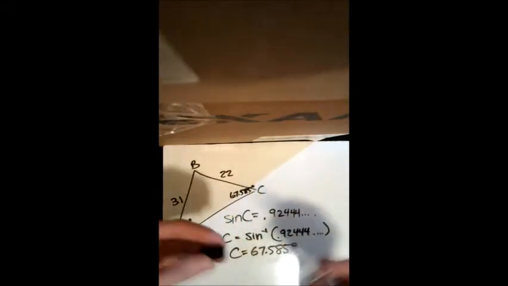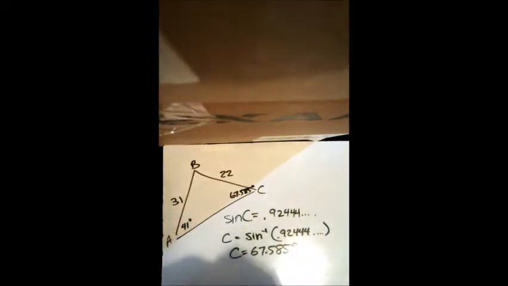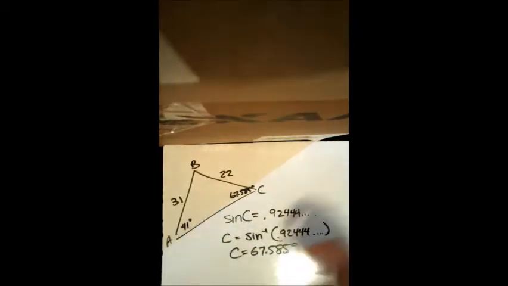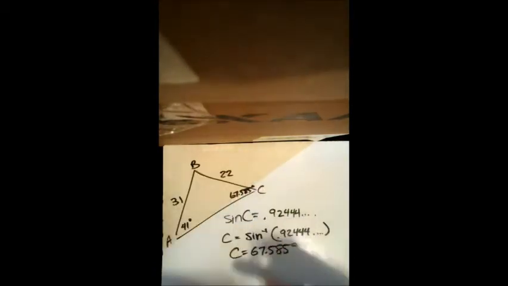So from there, I can now find another piece of my triangle because I know that it's a triangle. There are three angles and they have to add up to 180. So if I take 180 on my calculator and I subtract what I already found, I already know that there's one that's 41 and one is the one that I just found.